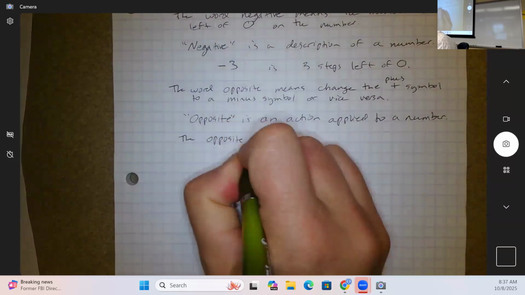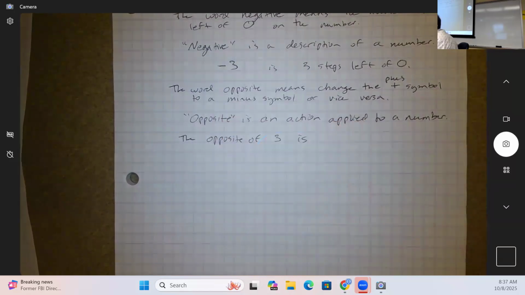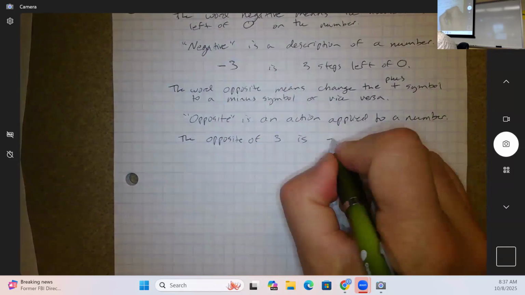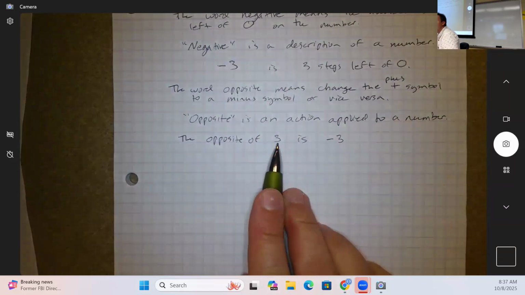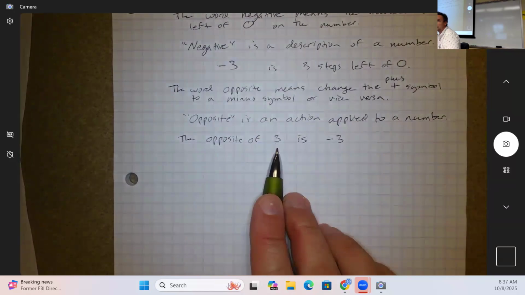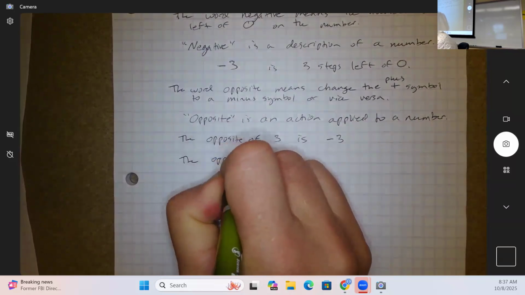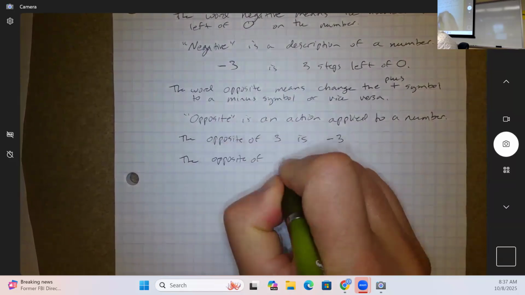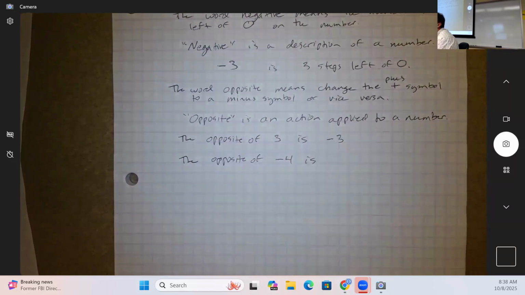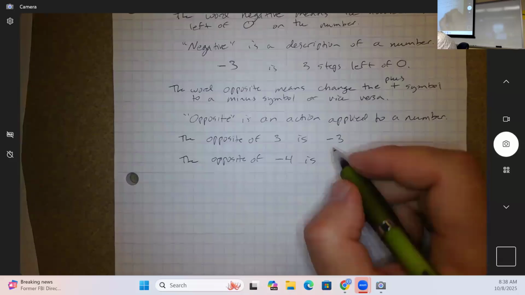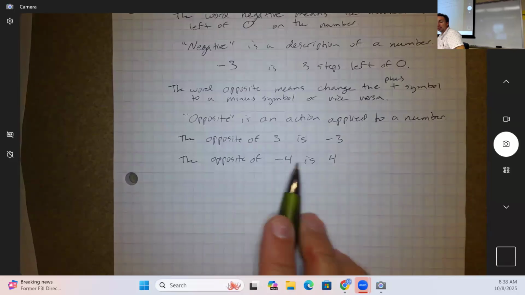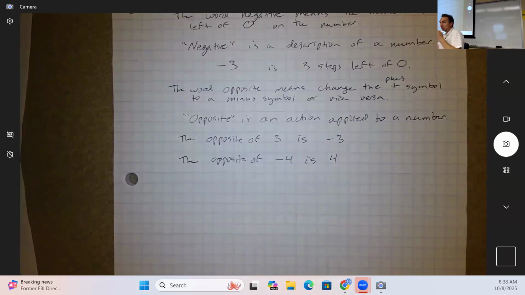The opposite of 3 is what? -3, because I changed the +3 to a -3. We don't write the plus, but if nothing's there, we assume it's a plus. The opposite of -4 is 4, because I changed the symbol from a minus to a plus. Opposite is doing something to your number. Negative is just that group of numbers that are all to the left of 0.